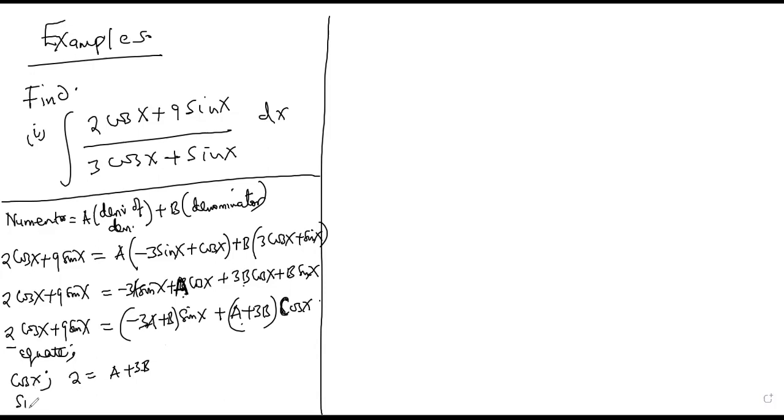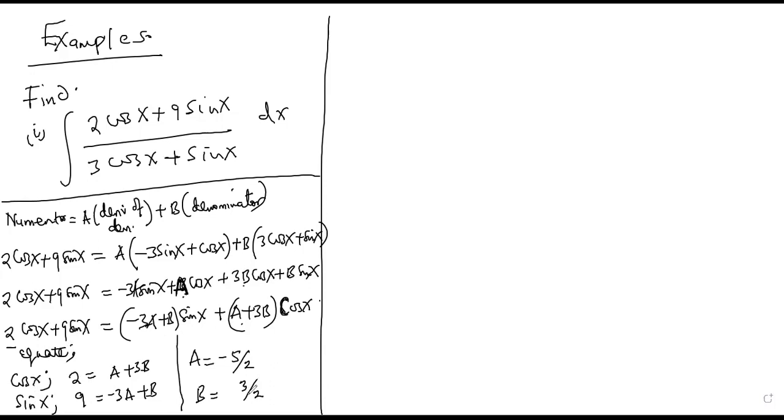For sine x, when you equate this side, you have 9, and this side you've got negative 3a plus b. Solve simultaneously and get the values of a and b. A will be negative 5/2, and you get your b as 3/2. Solve simultaneously, get these values here.